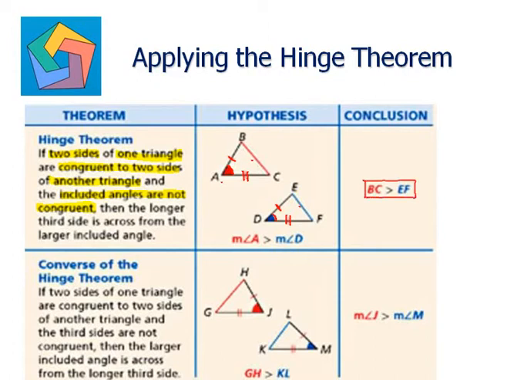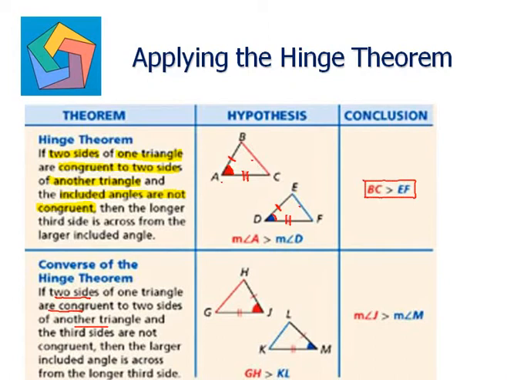And the converse of the Hinge theorem says if two sides of one triangle are congruent to two sides of another triangle and the third sides are not congruent, then the larger included angle is across from the longer third side.